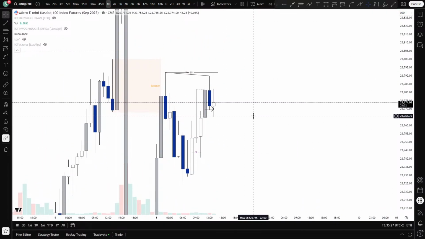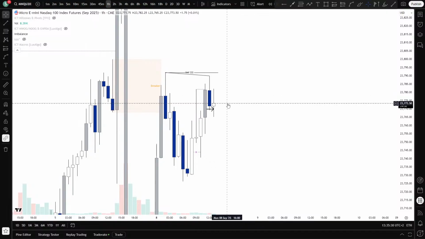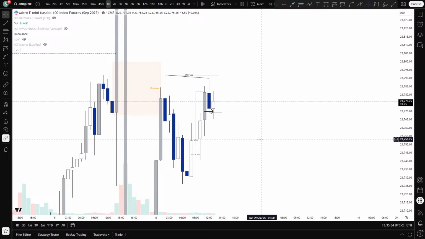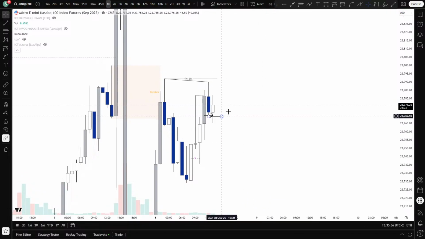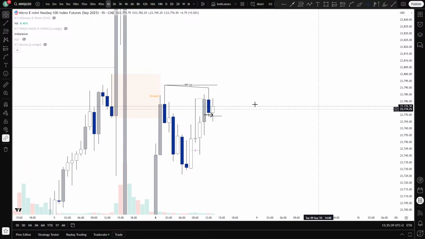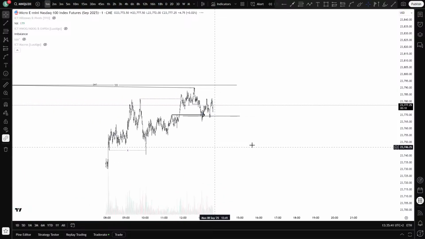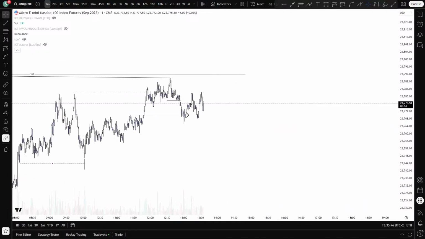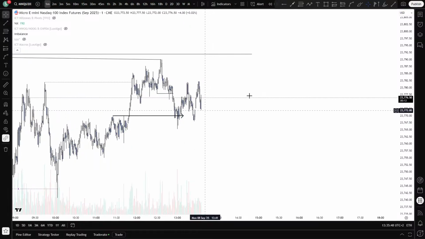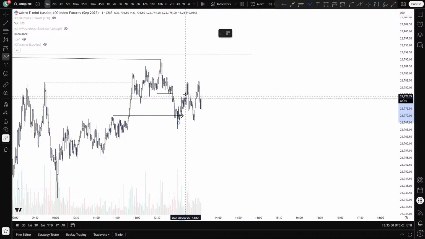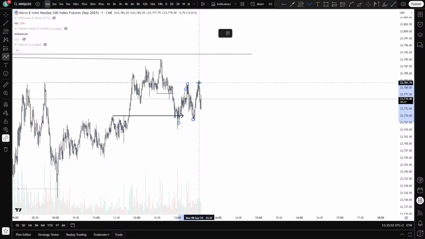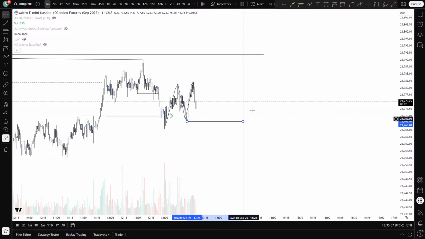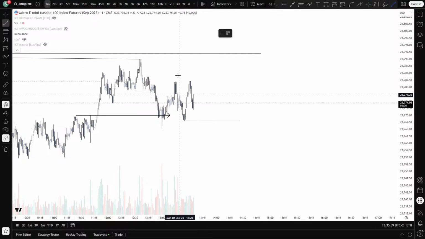So knowing that, I want to look at longs. Maybe we can look for a long this macro because we're gonna put in a really nice swing low here. Of course, we'll have to wait for the candle close, but it is looking like we are getting a nice swing low here. So let's see if we maybe can get some nice manipulation, taking out this low, because people are gonna start buying here.